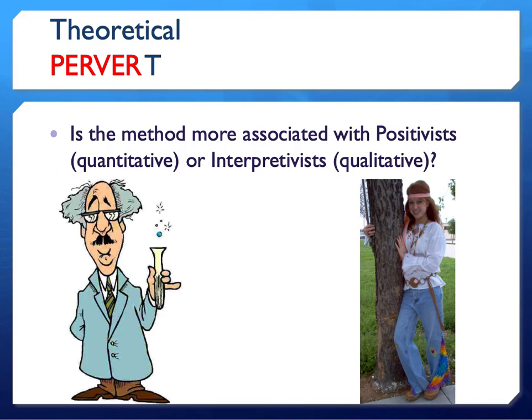At its most basic level, positivists generally prefer methods that generate quantitative data, and interpretivists prefer methods that generate qualitative data. This section does lead on to discussions about the link between theory and methods and what we would call the sociology as a science debate. But that is something that is explored in much more detail in your Year 2 sociology. For the time being, just be aware of the basic difference between positivism and interpretivism.